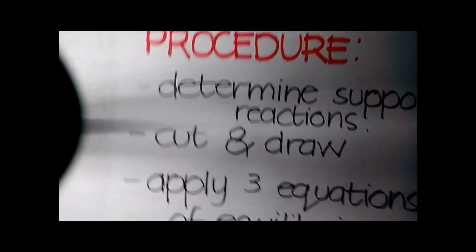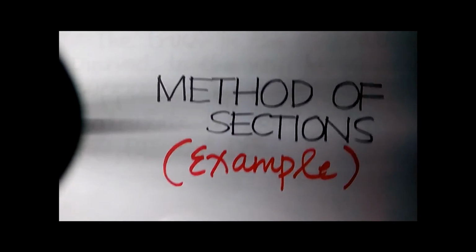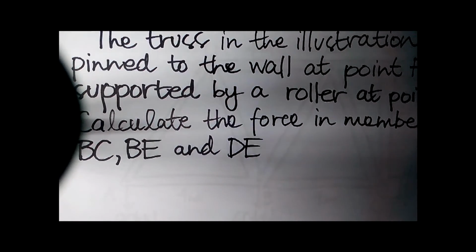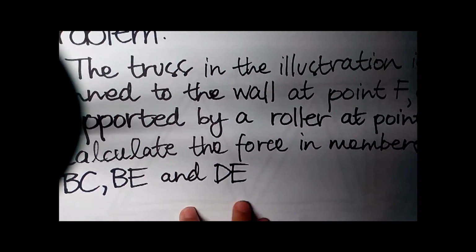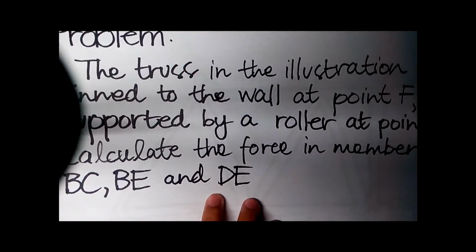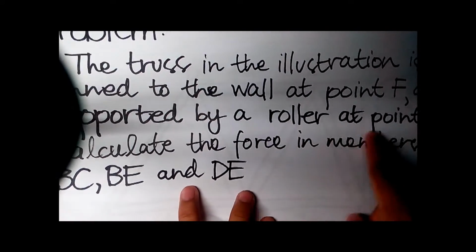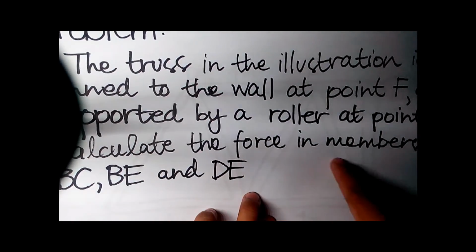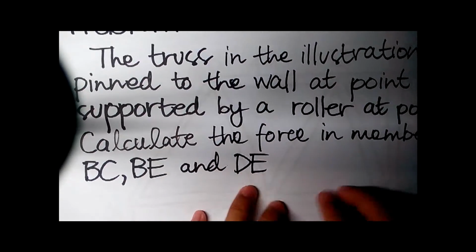So for the example, the problem is the truss in the illustration is pinned to the wall at point F and supported by a roller at point C. Calculate the force in members BC, BE, and DE.